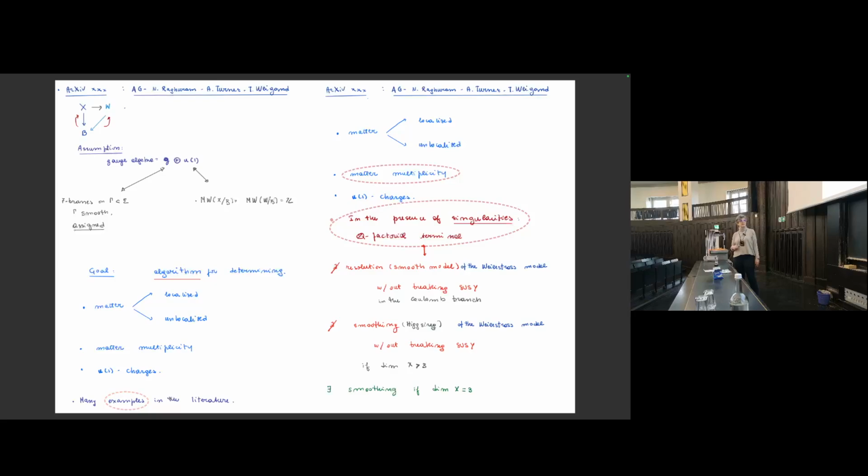Now, in dimension 3, it's true that there is always a smoothing. So these terminal Q-factorial singularities can be smoothed in dimension 3. But this is still interesting to do because the singularities are isolated in dimension 3.